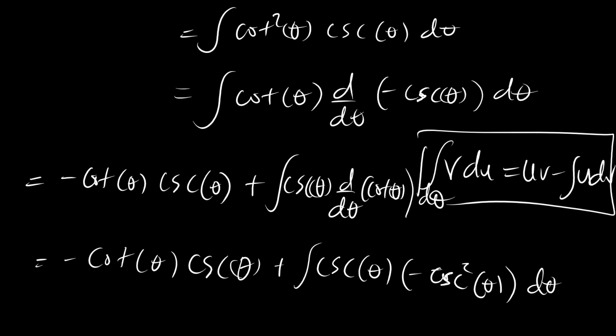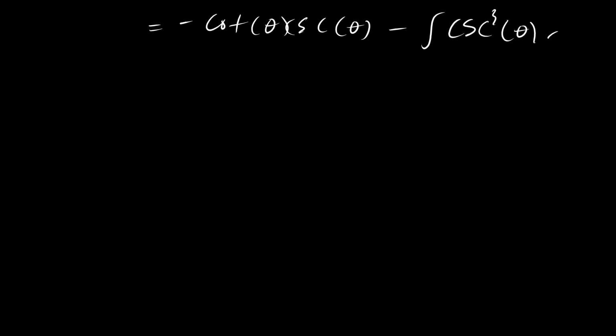Okay, so that means that we do have negative cotangent of theta, cosec of theta, minus the integral of cosec cubed theta.